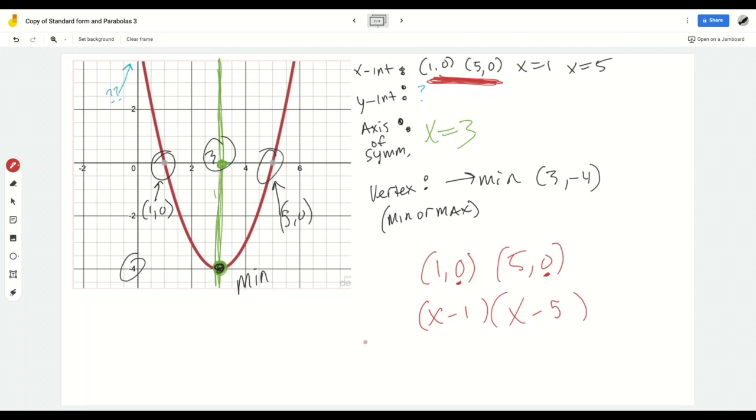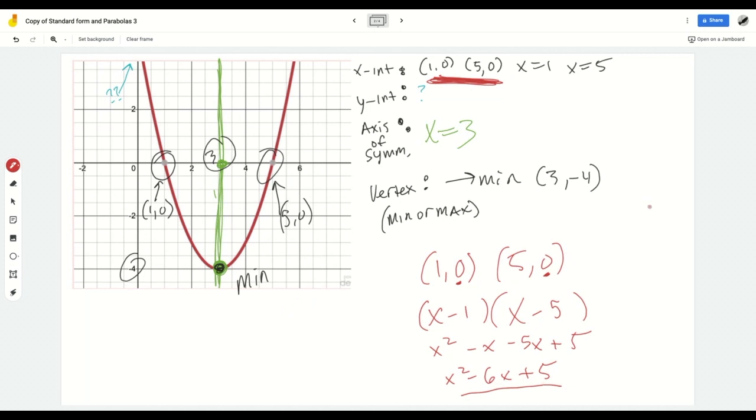And then we can distribute. What's going to be x squared minus x minus 5x plus 5. So we're left with x squared minus 6x plus 5. That's our equation. This will be the standard form for the equation of a parabola.